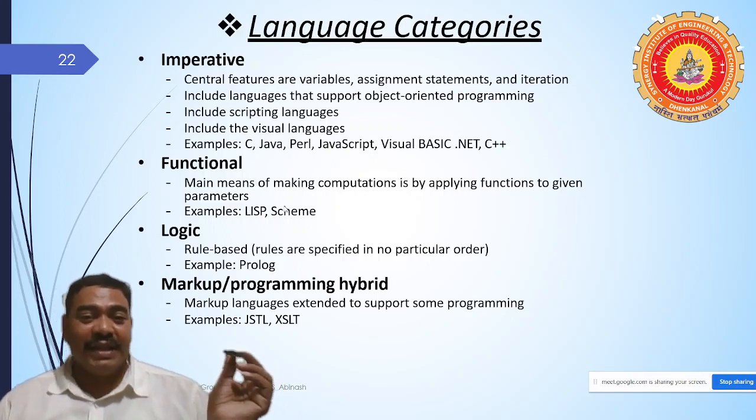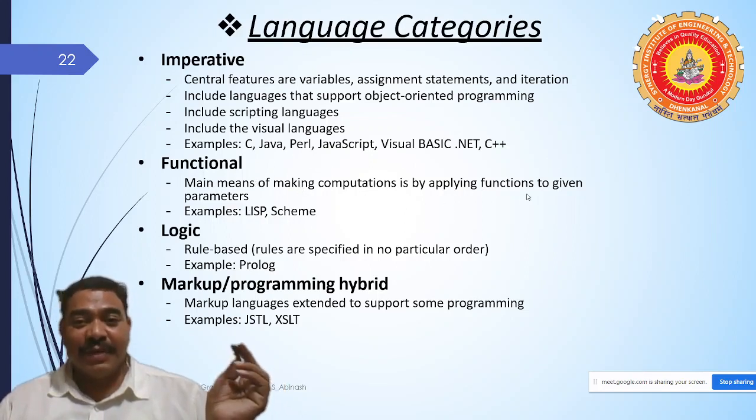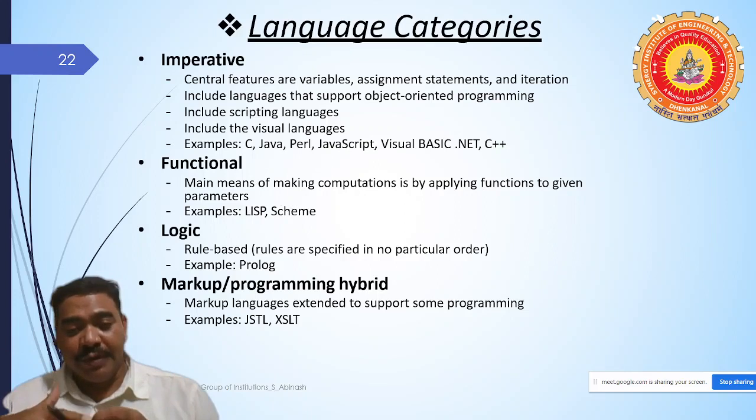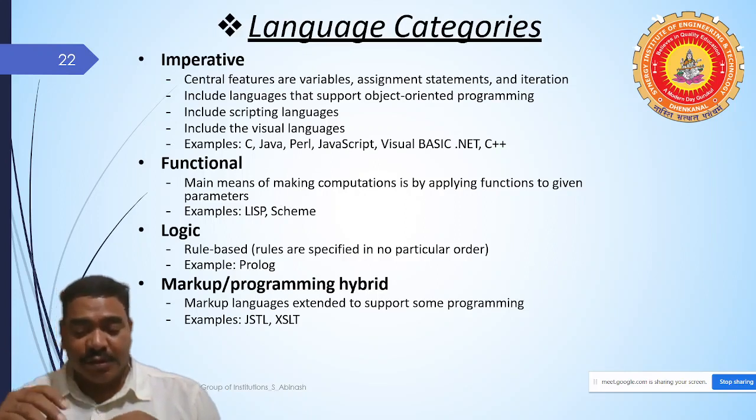The main objective of computing is by applying functions to given parameters. That means the main objective of the programming will be divided into a number of functionalities. So C programming is one of the best functional programming languages also.